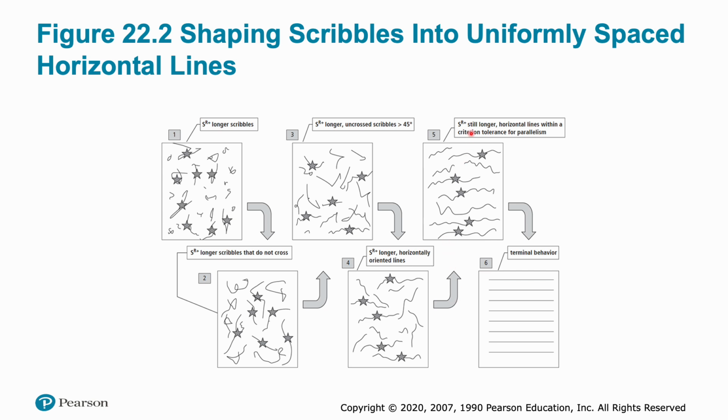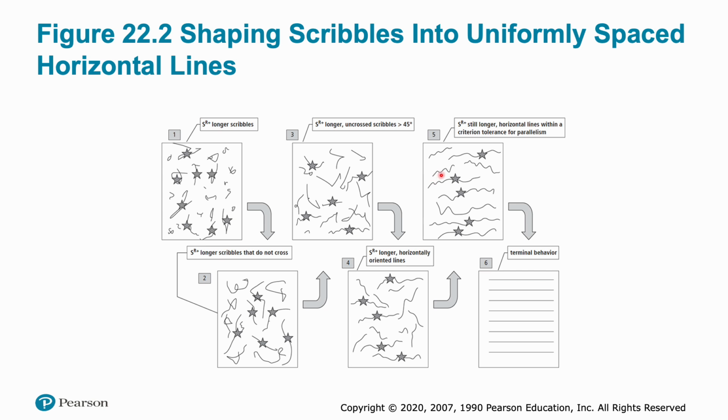So the 5th successive approximation is that they're only going to be reinforcing longer horizontal lines within a criterion tolerance for parallelism. That's a little bit complicated, but basically they're just trying to reinforce only the lines that are long and that are horizontal and appear to be closer to being parallel.